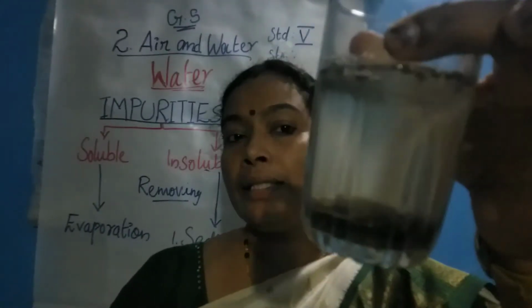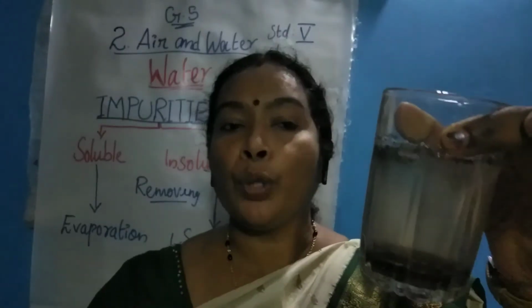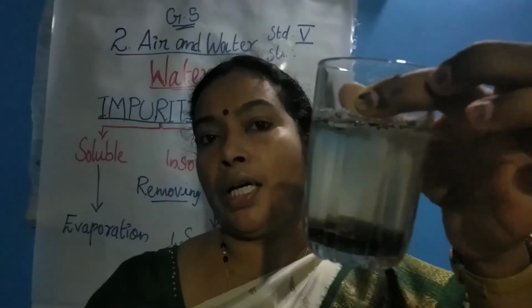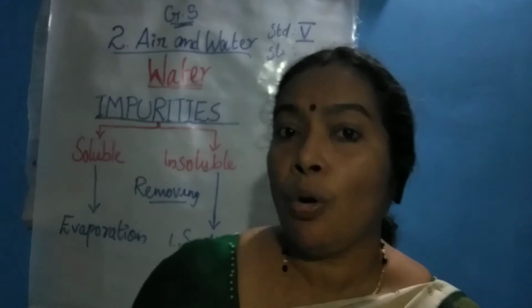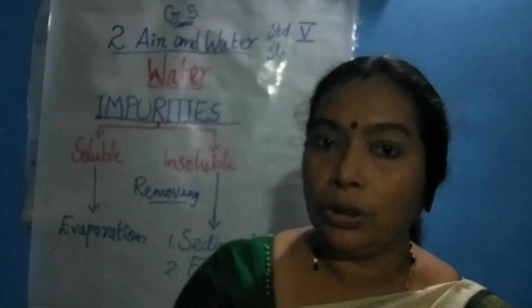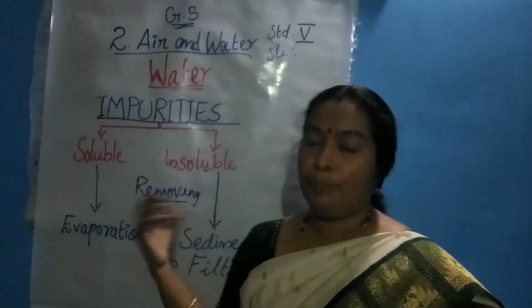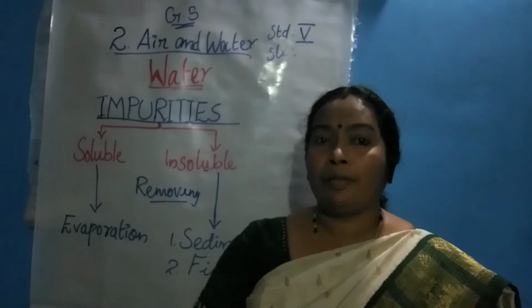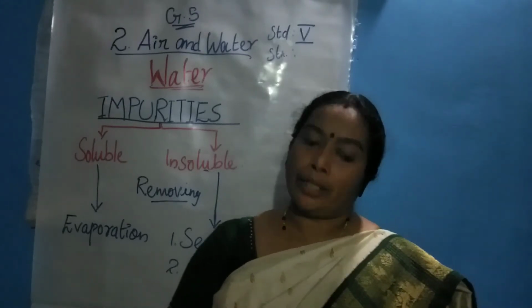So allowing the insoluble impurities to settle down in the water is called sedimentation. What is sedimentation? Allowing the insoluble impurities to settle down, otherwise settle below the water, is called sedimentation.